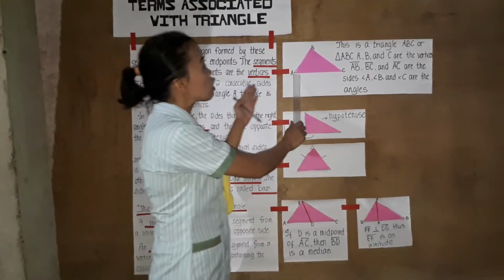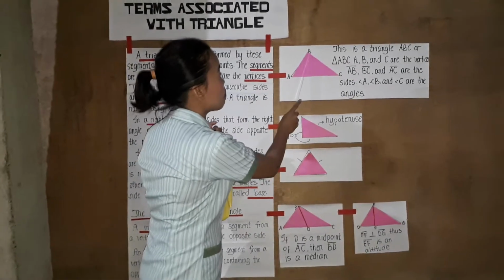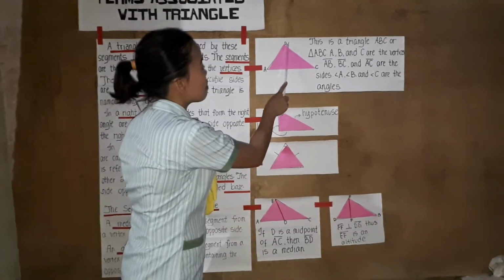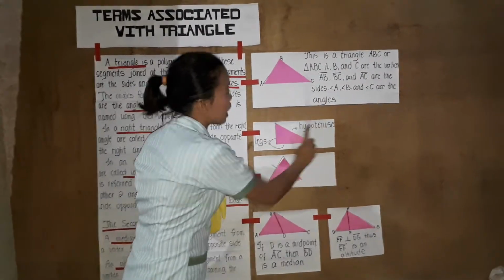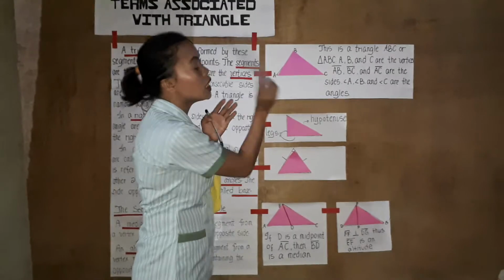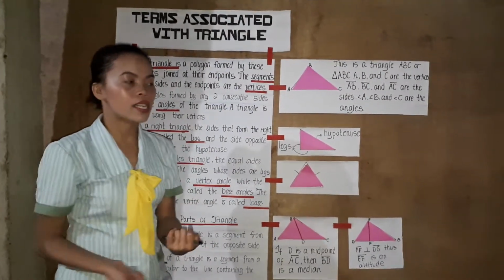So we have triangle ABC and we have vertex A, vertex B, vertex C. And then we have side AB, side BC, and side AC. And then we have angle A, angle B, and angle C. Did you get that? Okay, very good.